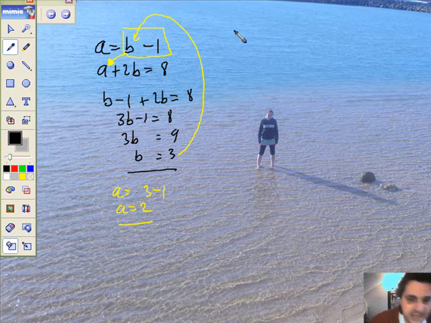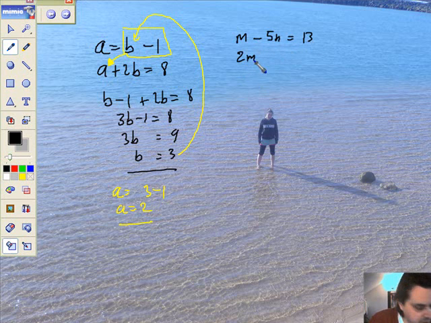Let's do c. I've got m minus 5n is 13, and 2m plus n is 4. Now let's take a look. It's going to be rather difficult to unravel this n here because I'll probably end up dividing by 5.